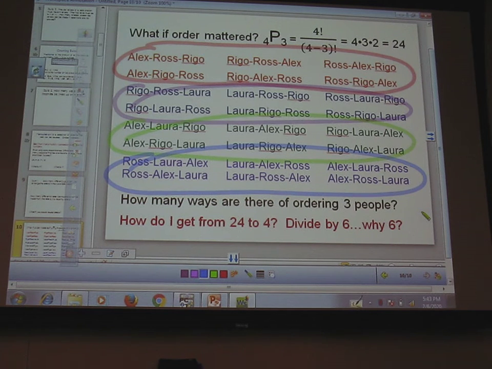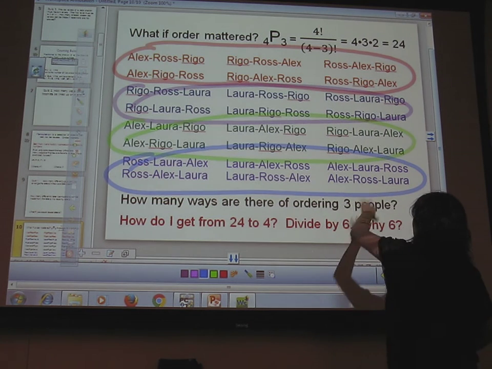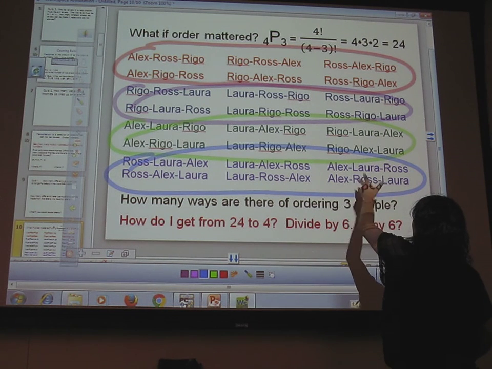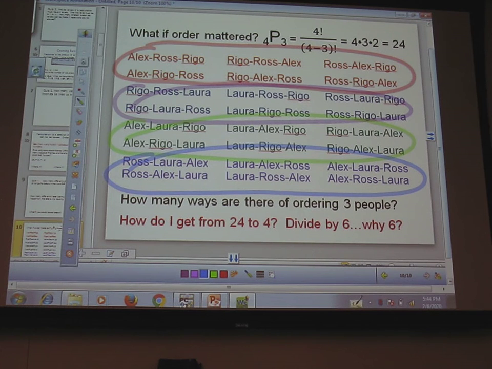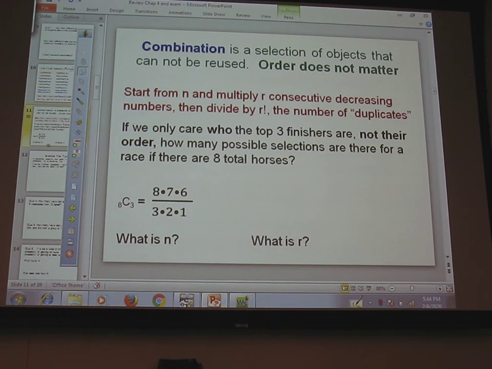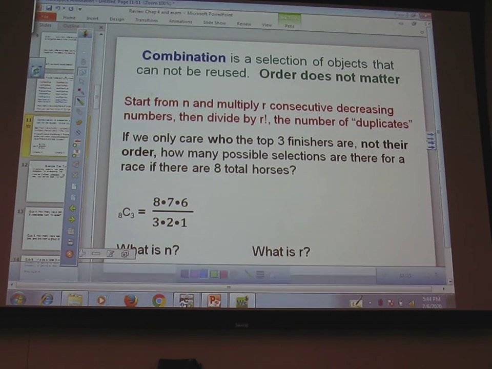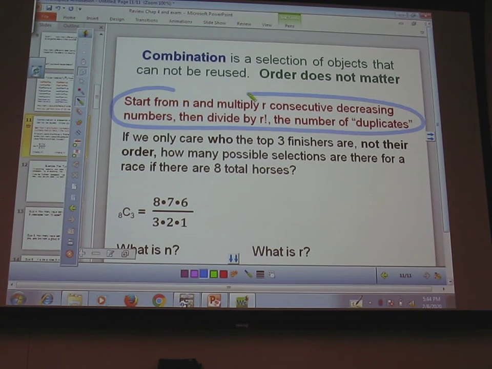This is the chaos one, right? They're all mixed in here. They don't matter what order they're in, so they all count as the same one. So we're going to divide by r factorial, where r is the number of things we're picking. This is kind of how I think of it. The same thing's true.